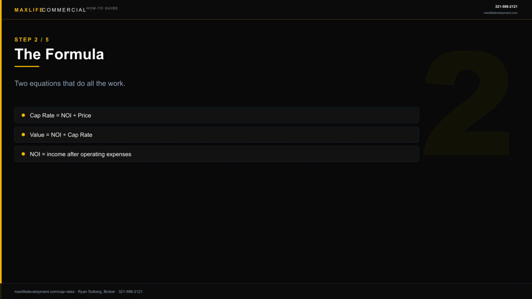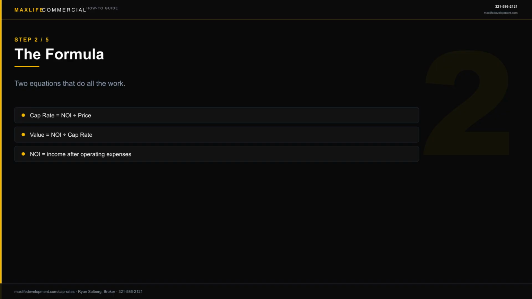Flip that same equation around and you can price any deal. Value equals NOI divided by the cap rate. Take that same 100,000 in income, divide by 0.06, and you get a value of about $1.67 million. Income divided by cap rate equals value. Master those two lines, and you can underwrite on the back of a napkin.